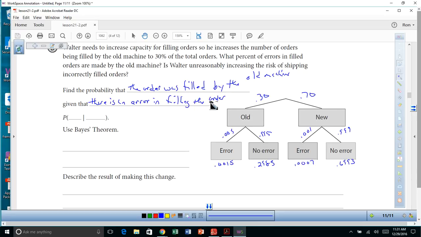All right. So we're going to find the probability of old given an error.